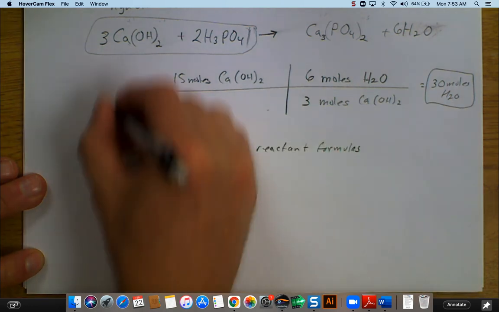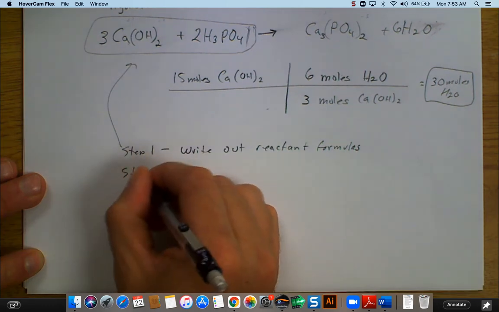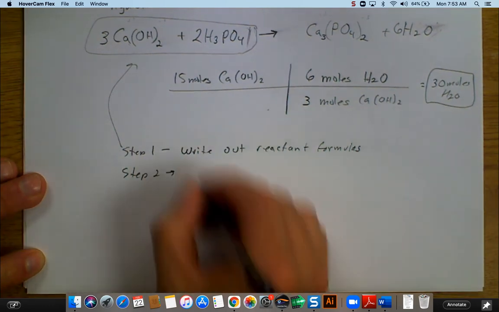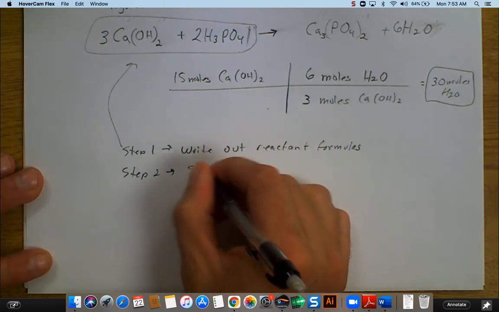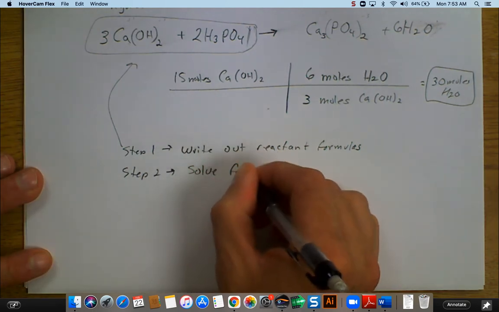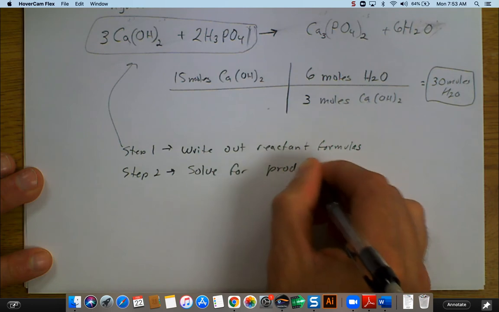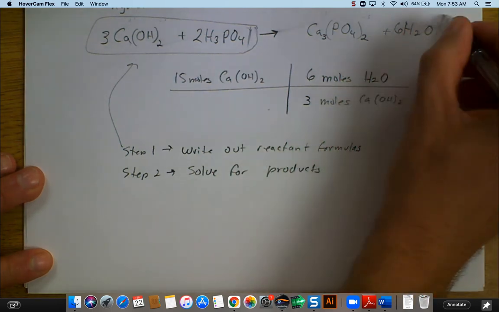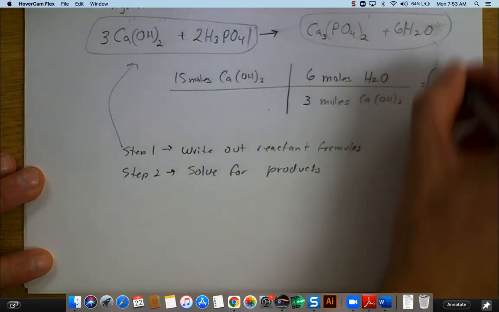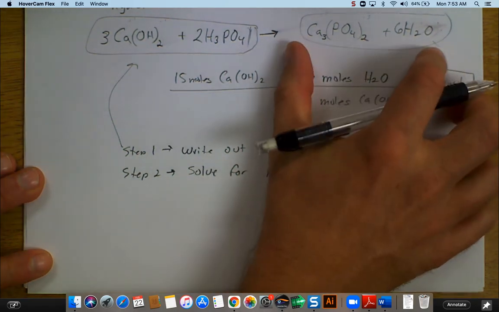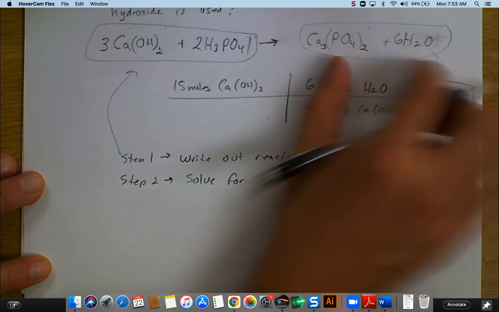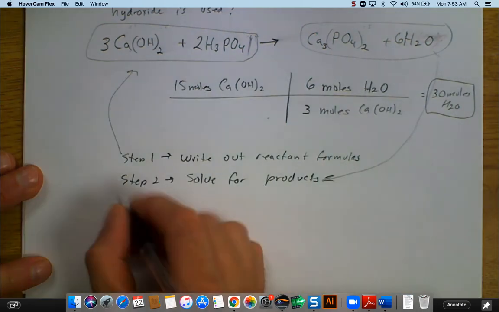That's that right there. Step 2, what we did is solve for products. And that's the products right here. That was the solve for the products. And remember, we rearranged those reactants to match up to the products that were there.